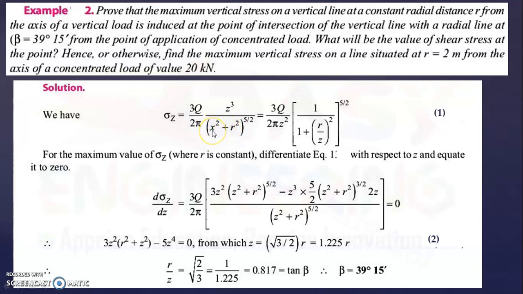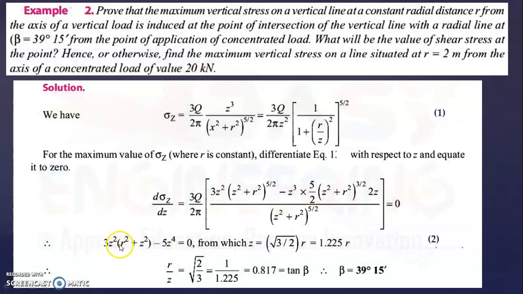Here differentiation is with respect to z, so it becomes z square to the power 5 by 2 minus z cube into the differentiation of this, that is z square plus r square to the power 3 by 2 into 2z. Okay, this divided by z square plus r square. Why this z square? Because it is differentiation with respect to z, so x has to be replaced by z, so that is equal to 0.